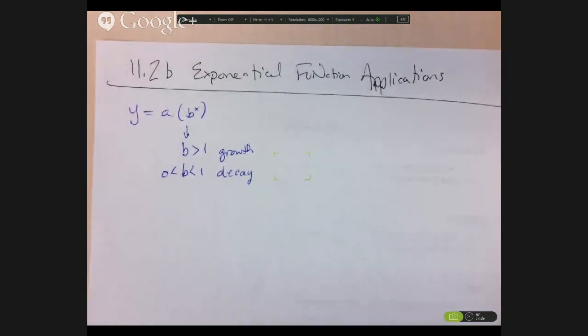Now, if we're going to use this in a science application, you're probably going to see a little bit of a different formula.